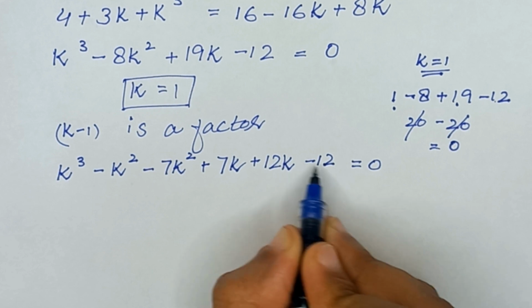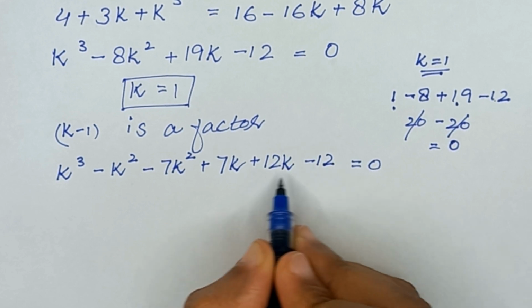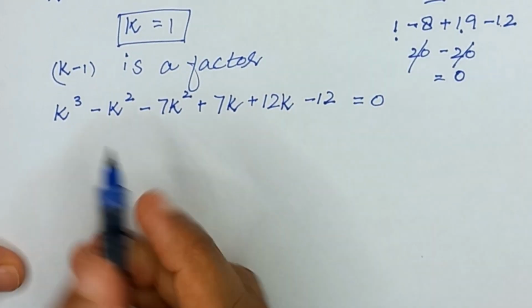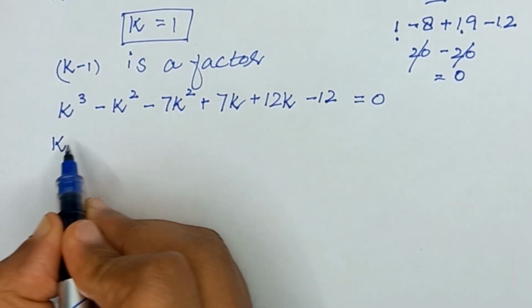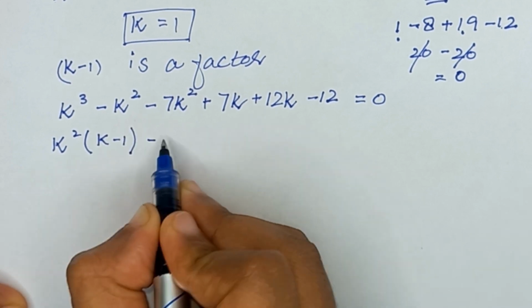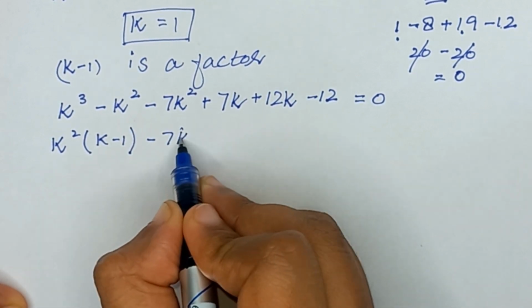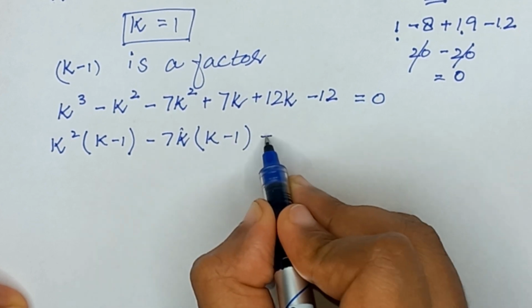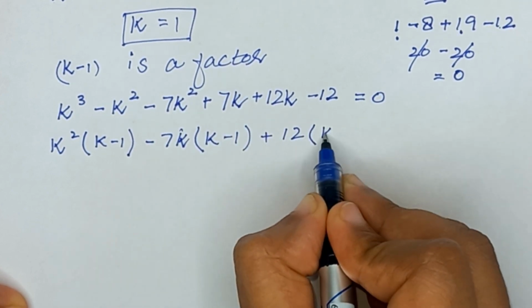Now you can see that when we take 12 common, we have k minus 1 as a factor. So k squared will be common here, and it will be k minus 1. Negative 7k is common, so it will be k minus 1. From here 12 is common, then it will be k minus 1.